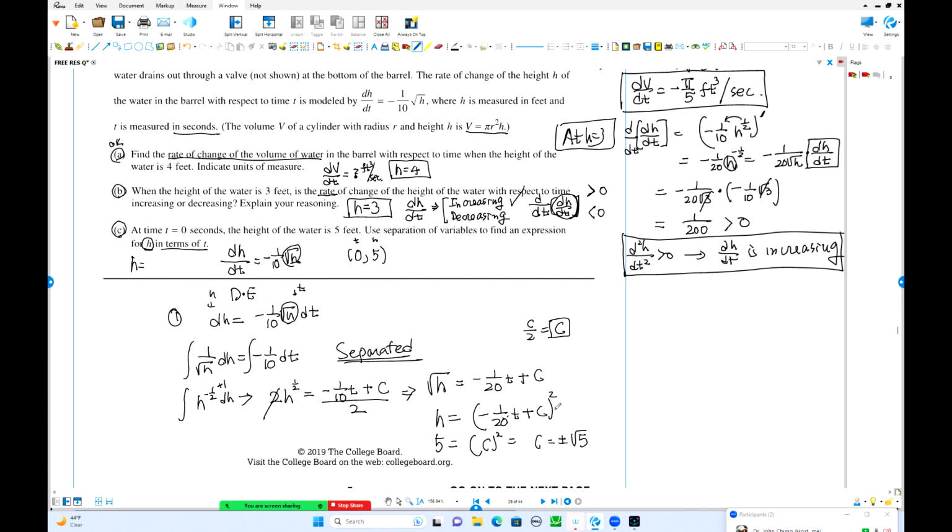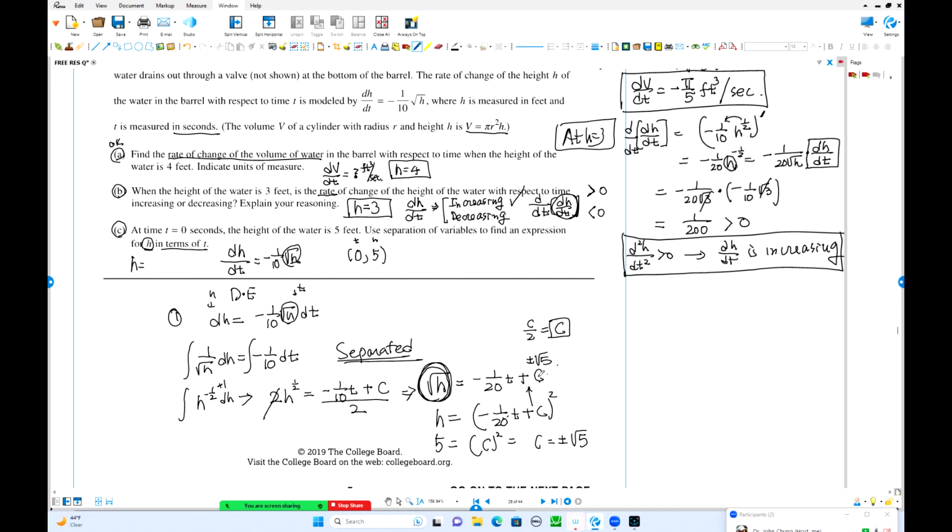We have two numbers over here, so we have to be careful. This is plus or minus square root 5. But square root h is positive. At time t equals 0, c should be positive; it cannot be negative.